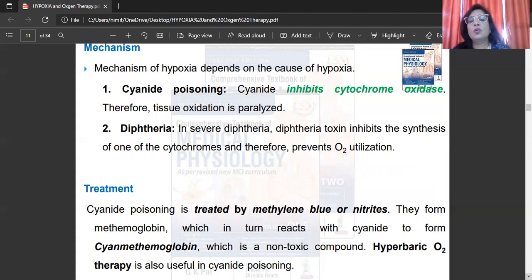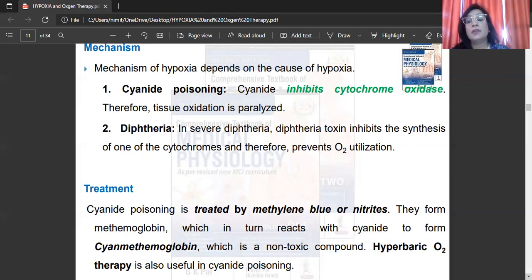Therefore, the tissue oxidation is paralyzed. So, the mechanism involves the cause, why this hypoxia has occurred, for example, as seen in cyanide poisoning.